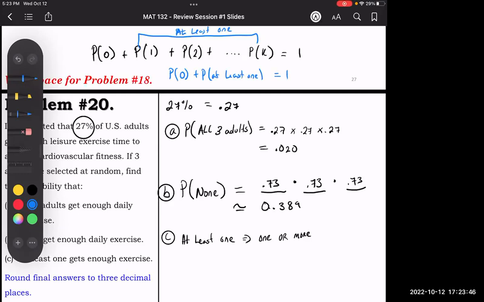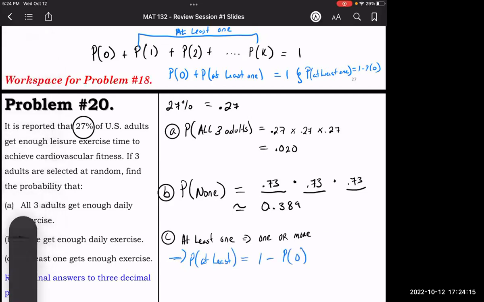And if you want to get the probability of at least 1 by itself in the equation, then just subtract the probability of 0 on both sides, right? So the probability of at least 1 equals 1 minus the probability of 0.